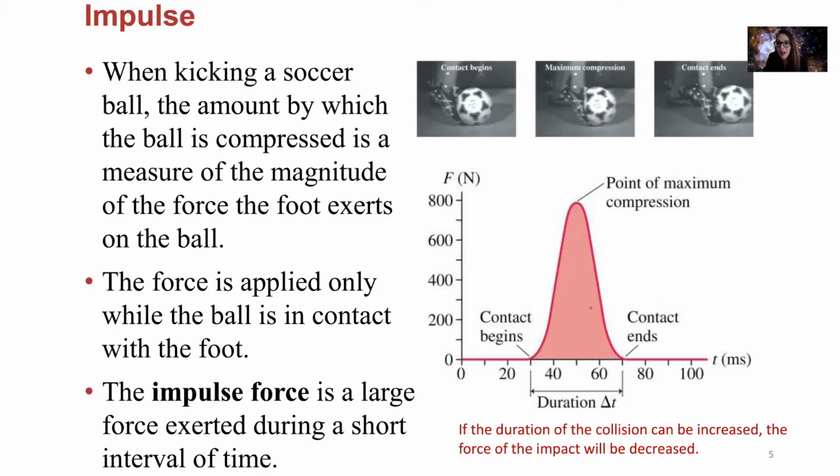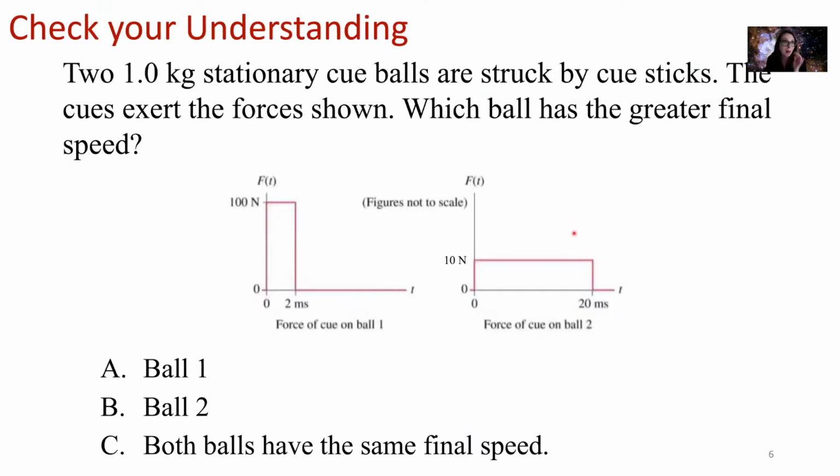So if we increase the duration and decrease this force, but still maintain the same area underneath the curve, then our F times delta T, that whole area underneath the curve, would be the same, and that equals your change in momentum, which always remains constant. Okay, so we're going to apply this idea to this little question right here.